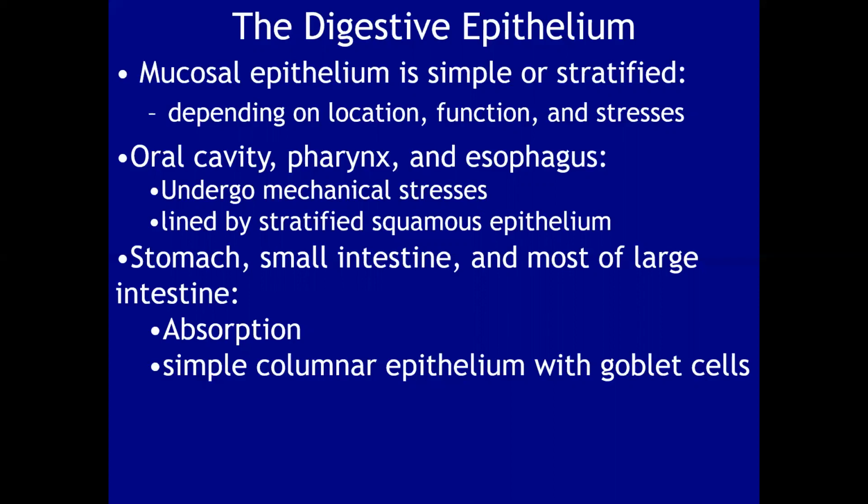Sometimes you're eating a piece of hard candy and you actually get a sharp edge on it. So that's stratified squamous epithelium because you do some pretty significant mechanical damage there. But in your stomach, your small intestine, and most of your large intestine, the job is absorption. So this is simple columnar epithelium, and we also have goblet cells there.